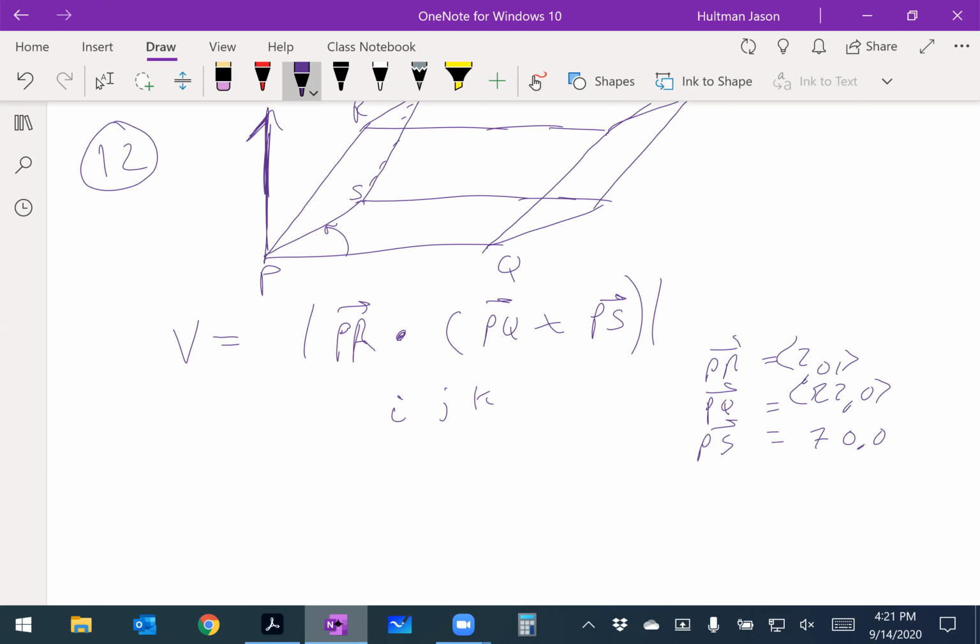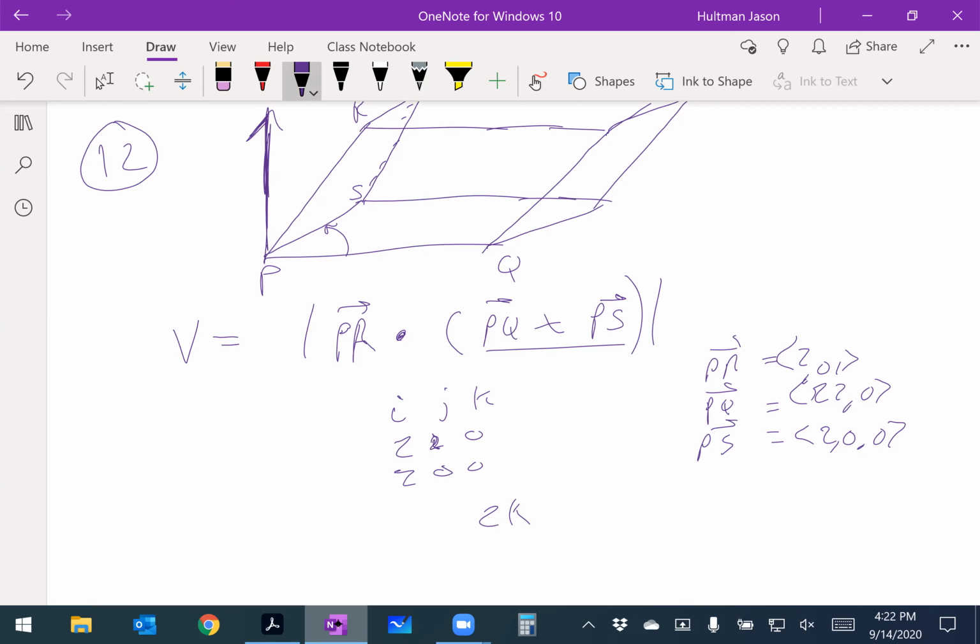Or sorry, 200, not 700. So if you do PQ cross PS, a bunch of things are going to cancel out except for this k term. K is the only thing that's going to survive. So you're going to get 2k.